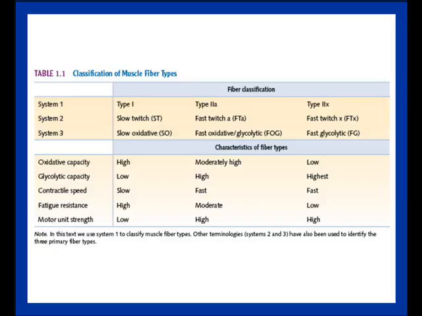You start moving up to the fast twitch, the intermediates, very fast twitch, then in terms of the oxidative capacity, in terms of the intermediates, is moderately high, low in terms of type 2X, and then the glycolytics, contractile speed, fast, fatigue resistance, certainly for the type 2X, low, and motor unit strength, of course, is high. Okay?